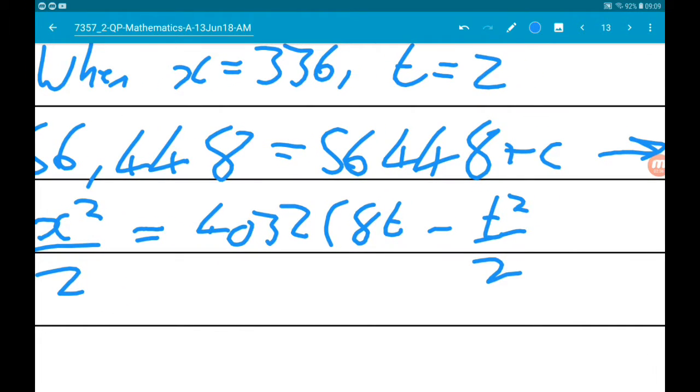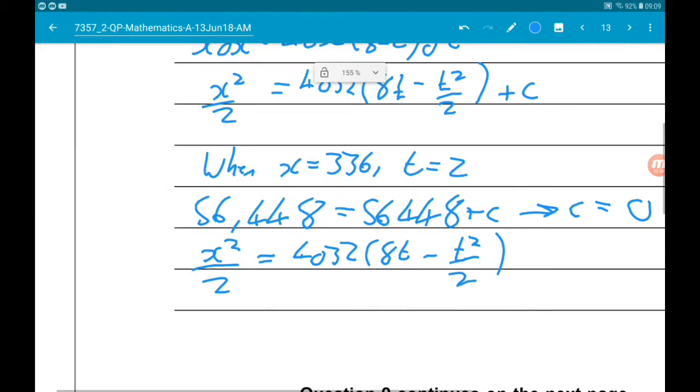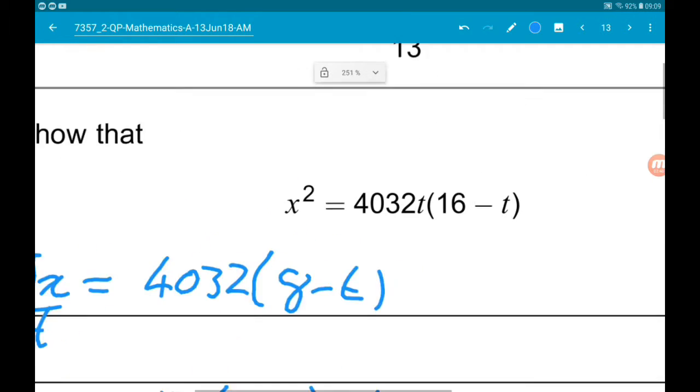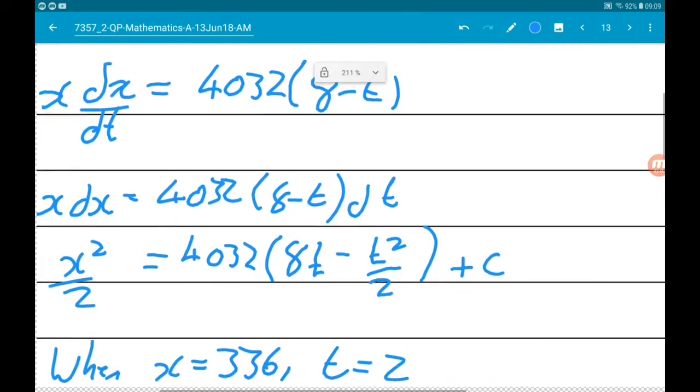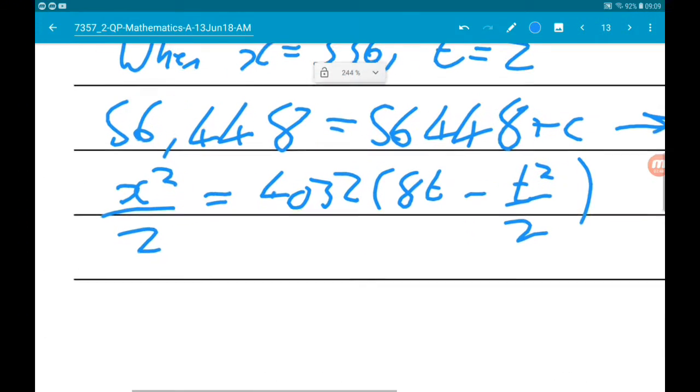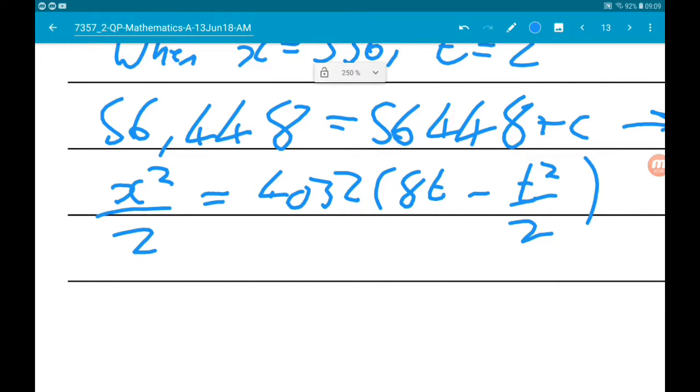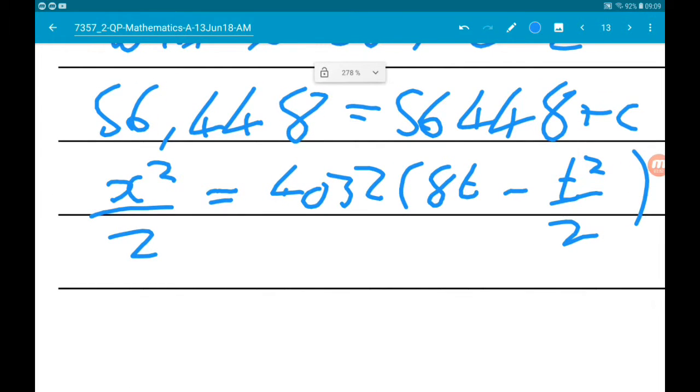Now notice, in the form that we want it, we don't have that bracket expanded, which is good. So what we can do is multiply through by 2. So we're going to get x squared is equal to, now instead of multiplying 4032, we're going to multiply the two terms inside of the bracket by 2.